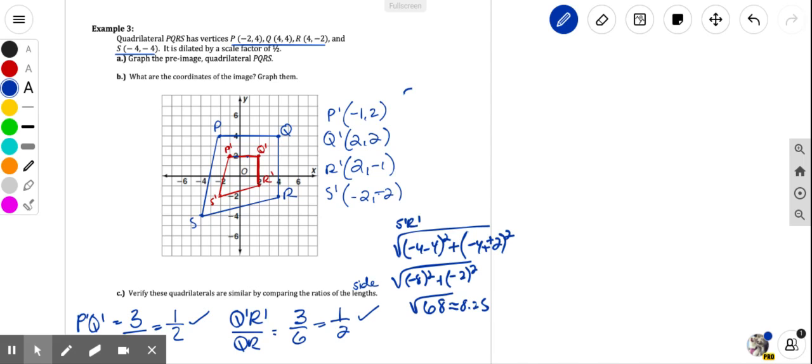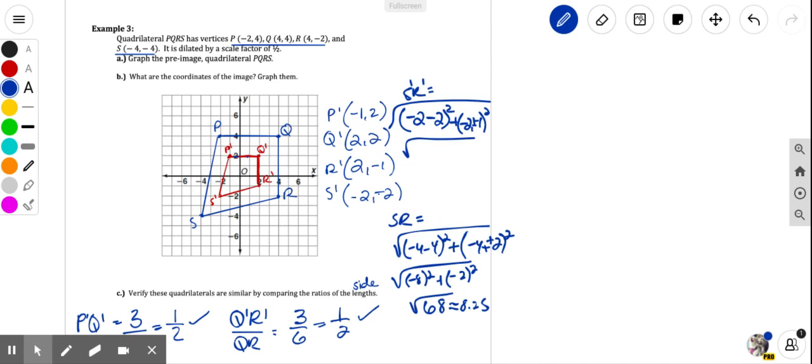Okay, I'll do SR above it. Oh, I just did SR. Oh boy, I'm all messed up. So that was SR. Let's do S prime R prime. So that's going to be, oh, our new points right here. Negative 2 minus 2 squared, and then negative 2 minus negative 1 squared.